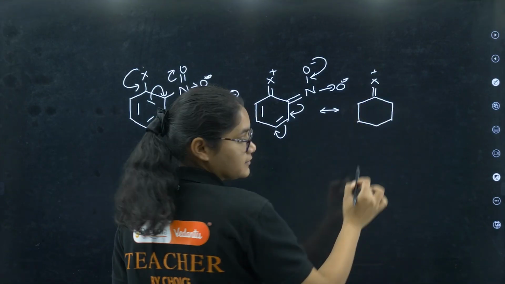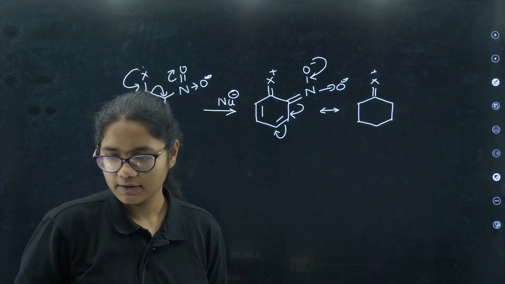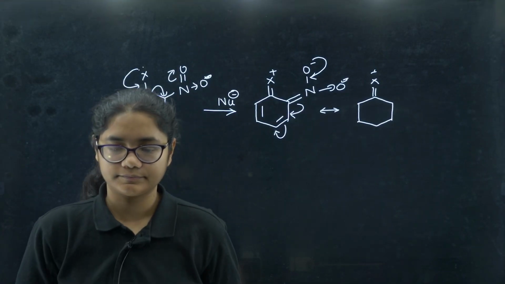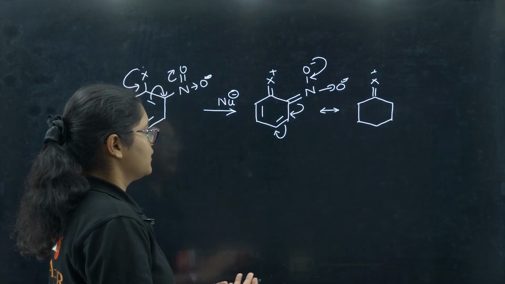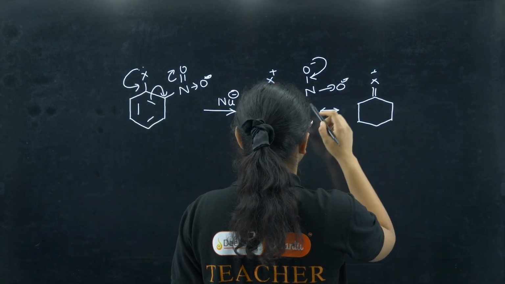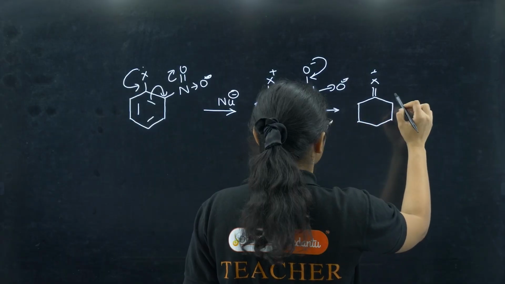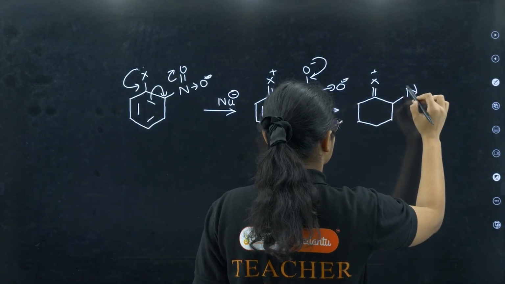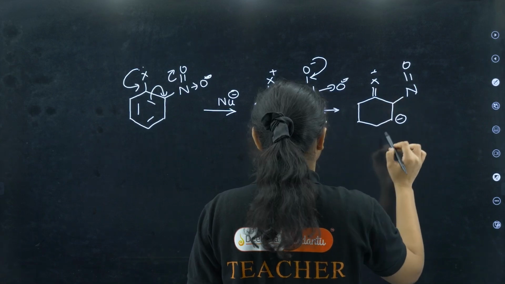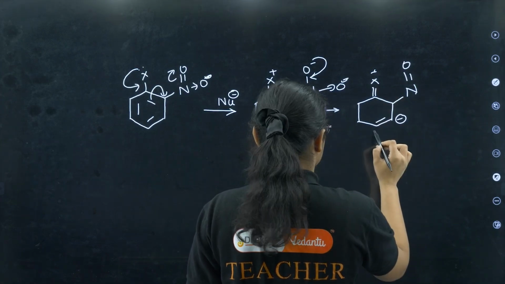X plus, okay, just a minute. So now if I draw the next resonating structure, what I will get here, I will get like this. Okay, just a minute. So this bond comes here, this bond shifts here, so this bond comes here.